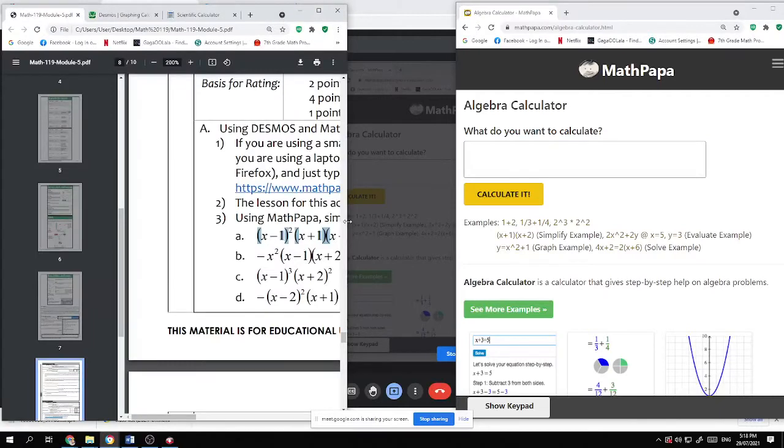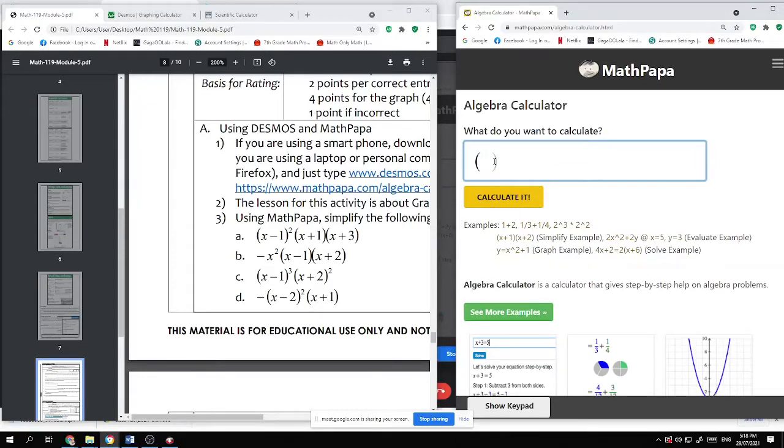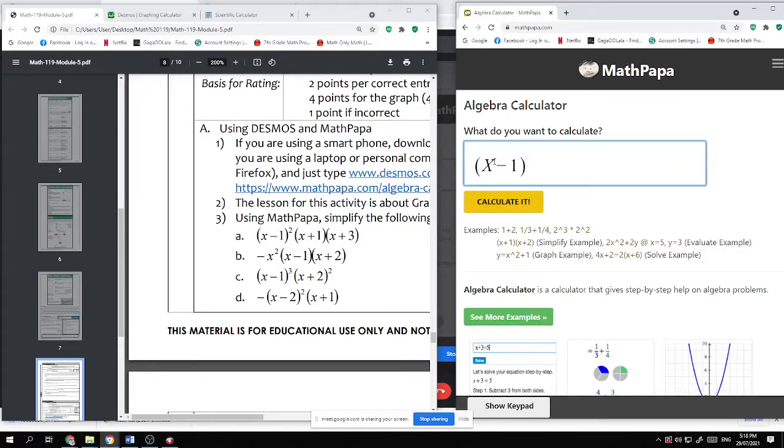I have parenthesis, x minus 1, then we have an exponent, this symbol over here, the exponent symbol on your tab, on the keyboard, then squared, then another parenthesis, x plus 1, then another parenthesis, x plus 3.